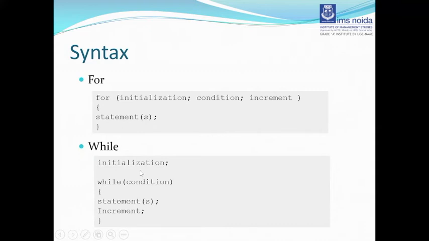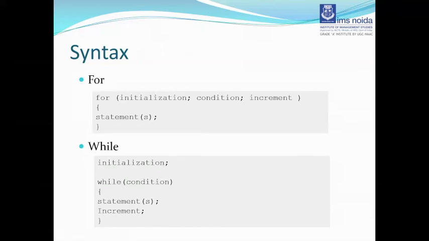If we talk about the while loop, in the while loop, the keyword while is followed by the condition checked in parentheses, then curly braces, and the statements which need to be iterated will be here.